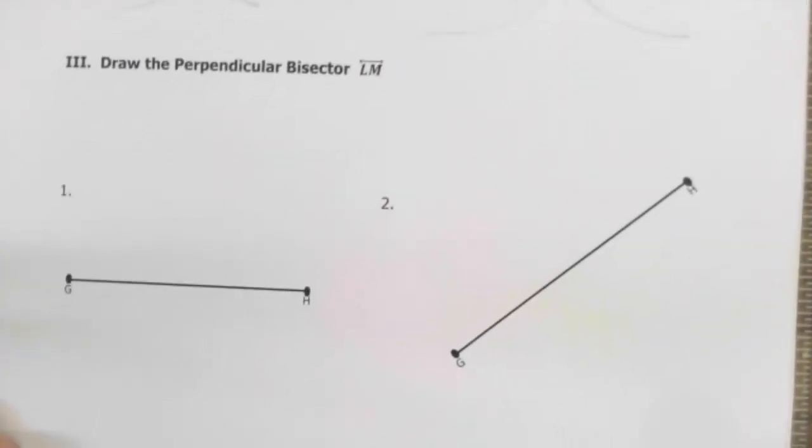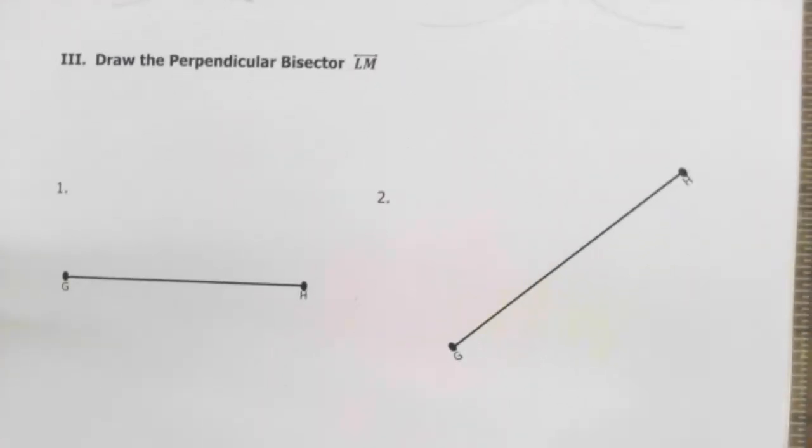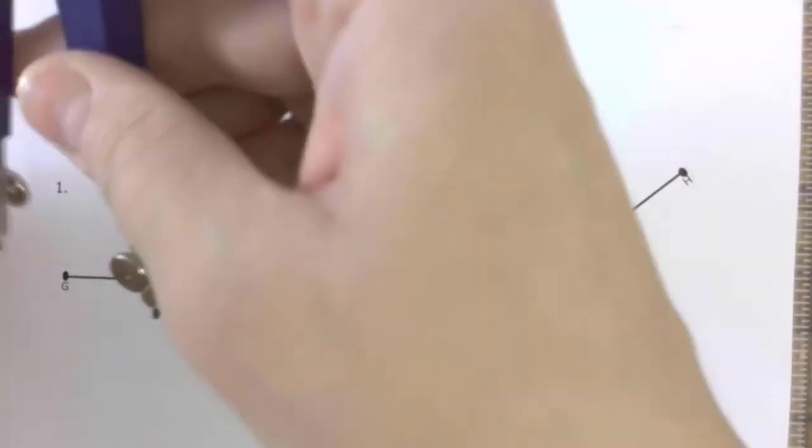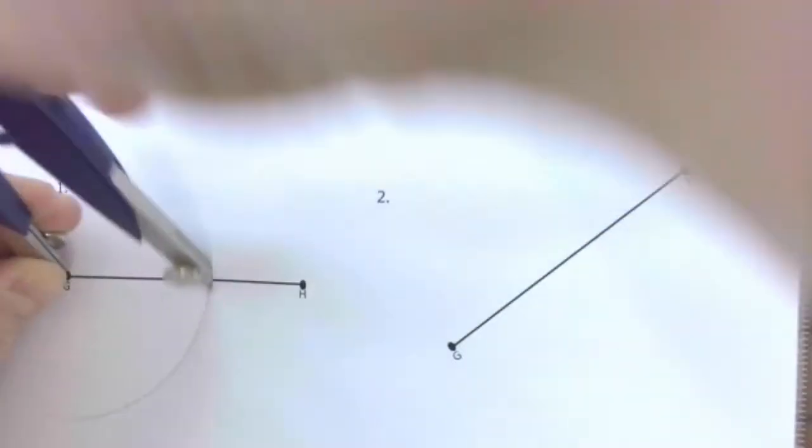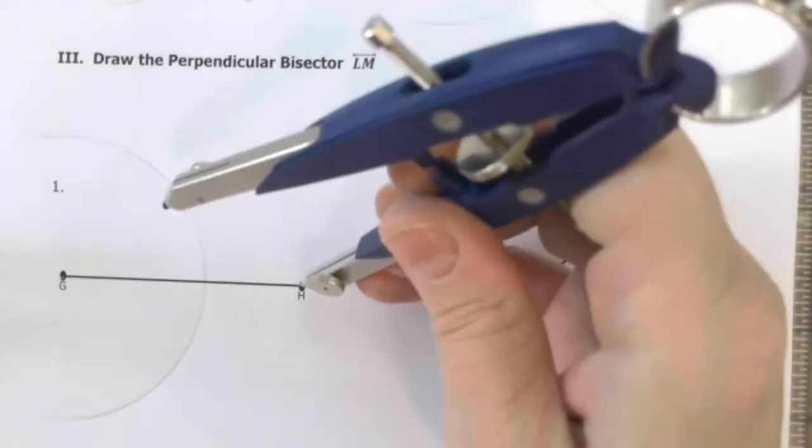Okay, now we're going to draw a perpendicular bisector. A perpendicular bisector is a line or ray that cuts a segment in half and is exactly 90 degrees. The nice thing is, construction-wise, it's the exact same operation, except you're going to draw a line instead of a point. All right, so put your stylus on G, make it more than halfway, draw a half circle, lift, put your stylus on H, draw a half circle of the identical size.